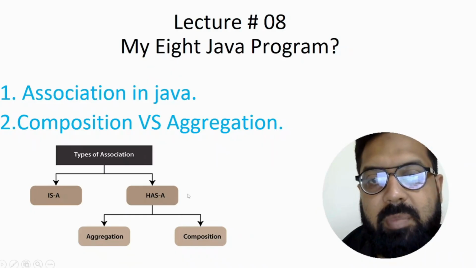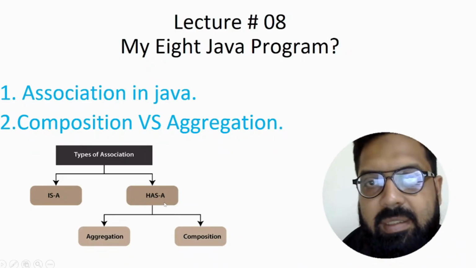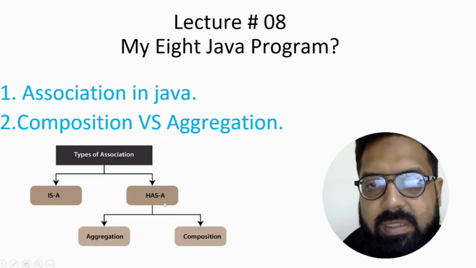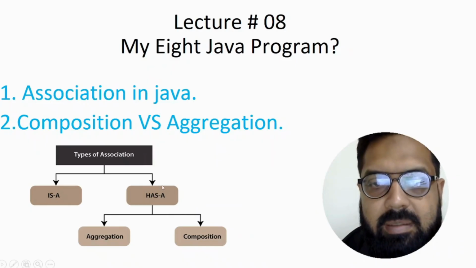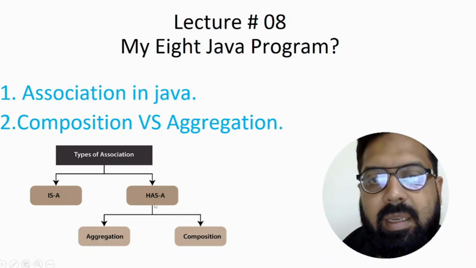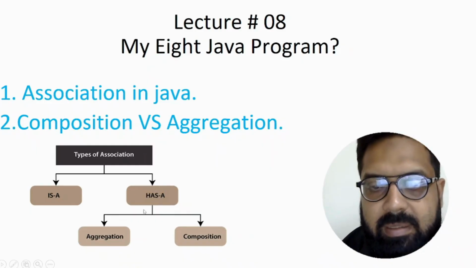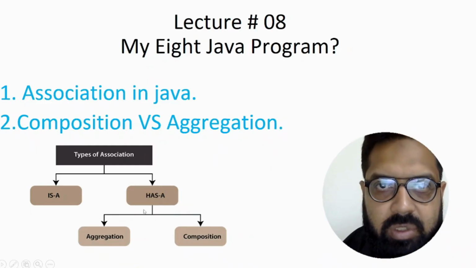In association we perform has-a type of relationship. If we take an example from the real world, product class has salesman and product class has category. So these are has-a relationships which are logically created among the classes.